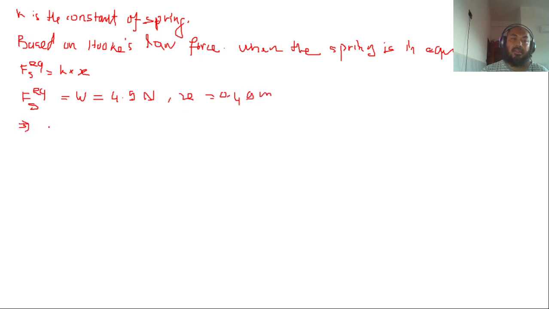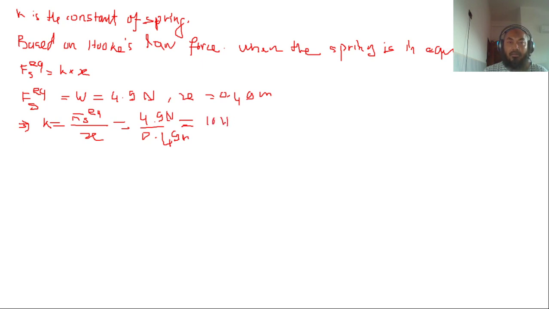So we can get K equal to F equilibrium divided by X, which is 4.9 Newton divided by 0.49 meter, equal to 10 Newton per meter.